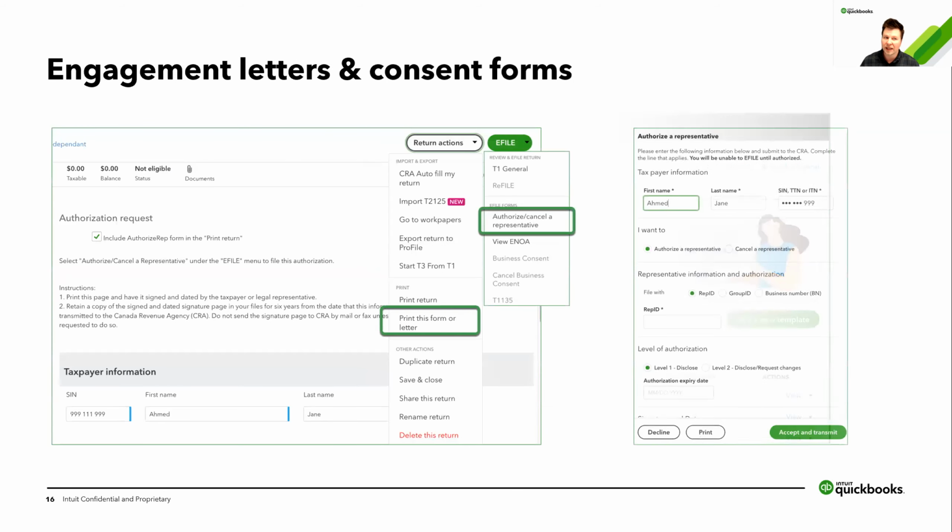And as part of those letters, I highly recommend doing an engagement letter for your clients. You always want to get an engagement letter with each of your clients, which outlines your engagement: what you are going to be doing for them, what you will be filing for them.